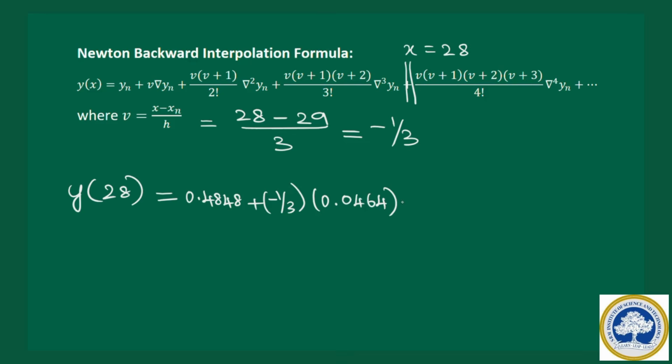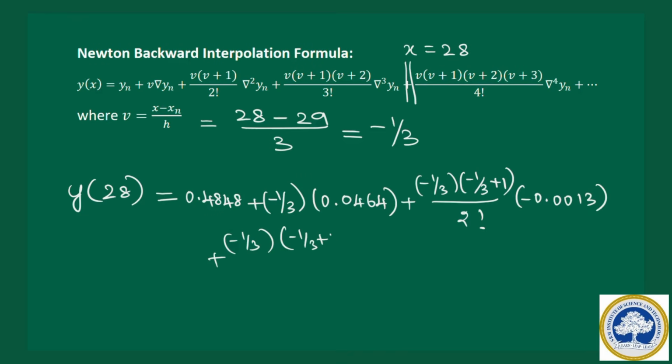Next, minus 1 by 3, minus 1 by 3 plus 1 divided by 2 factorial into del square yn, which is minus 0.0013, again plus minus 1 by 3, minus 1 by 3 plus 1, minus 1 by 3 plus 2 divided by 3 factorial, which is nothing but 6, into del cube yn, that is minus 0.0003.